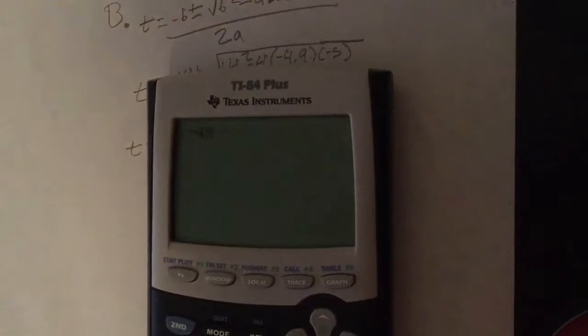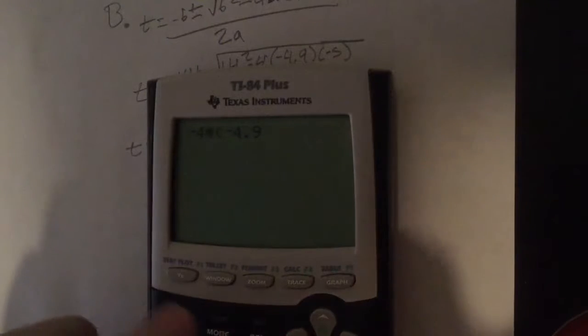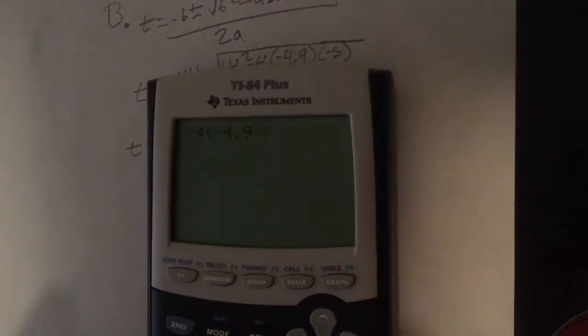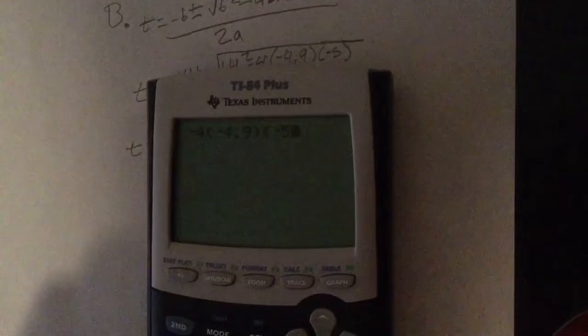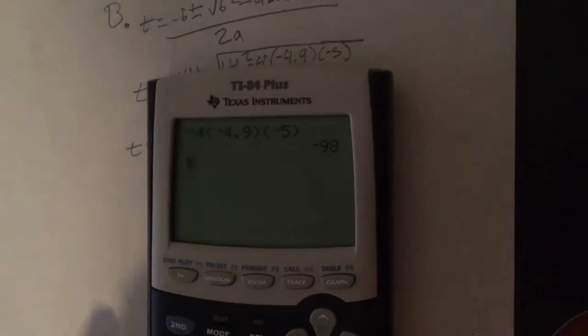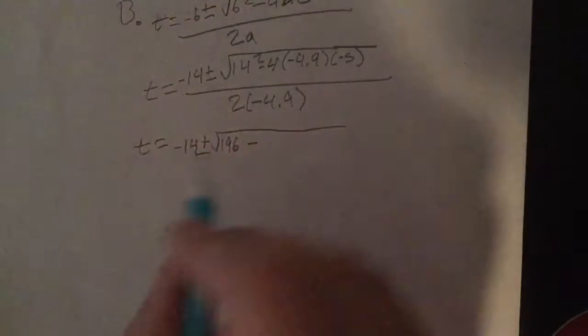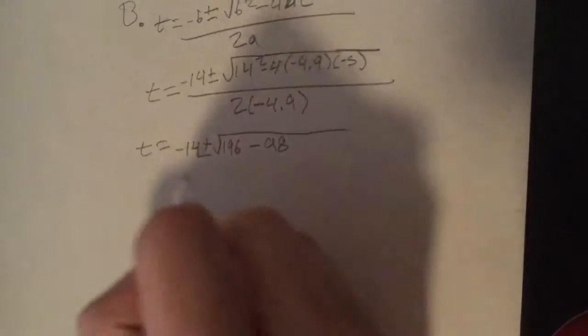So we got negative 4 times negative 4.9, times negative 5, hit enter, and that is negative 98. So we're going to do minus 98 all over 2 times negative 4.9.